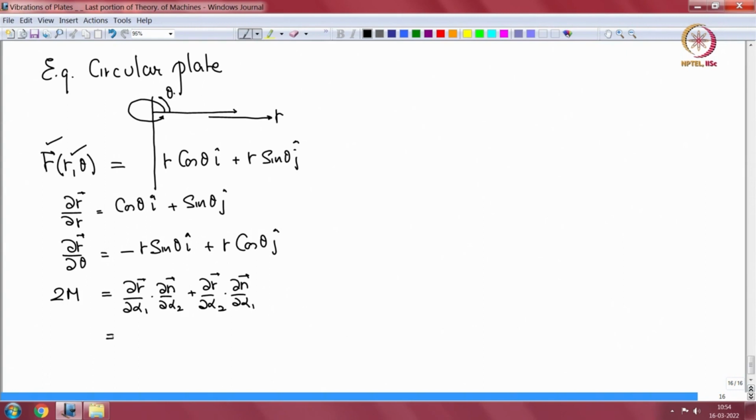In the current form, it is del r by del r dotted with del n by del theta plus del r by del theta dotted with del n by del r. So we need n now.